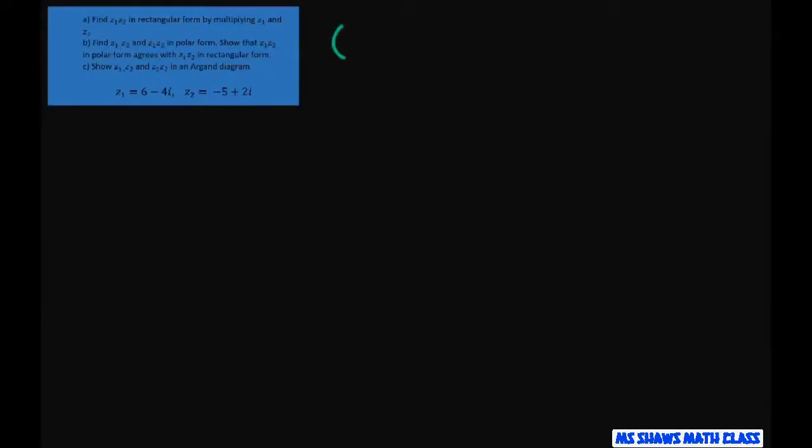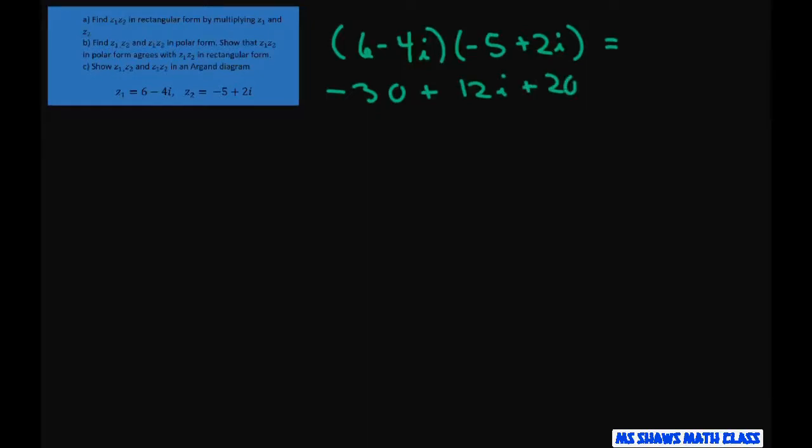So the first thing we're going to do is just multiply these two, Z1 times Z2. Now this is going to give you negative 30 plus 12i plus 20i plus 8, and this equals negative 22 plus 32i.